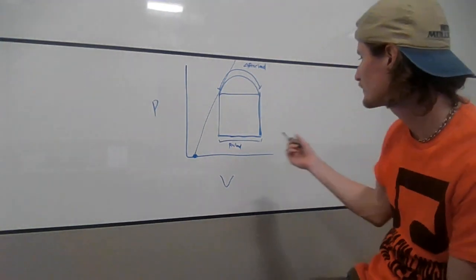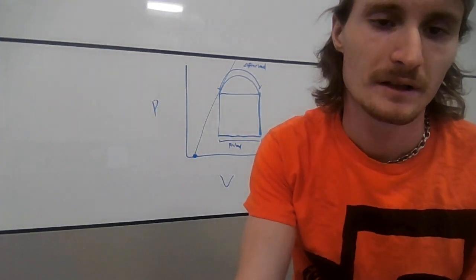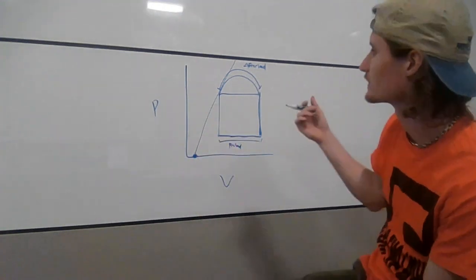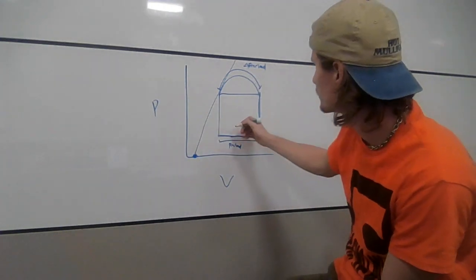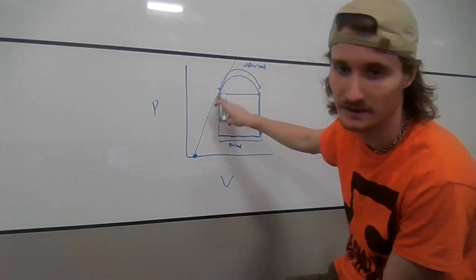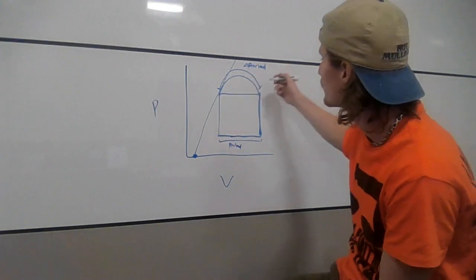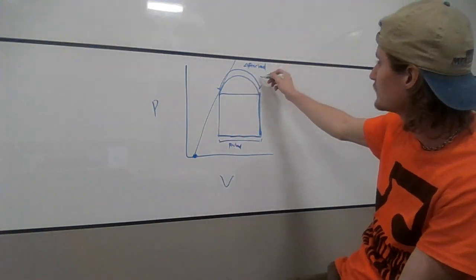So let's go for afterload. If we increase afterload, because this corner of the graph always needs to hit the line, we want it higher.